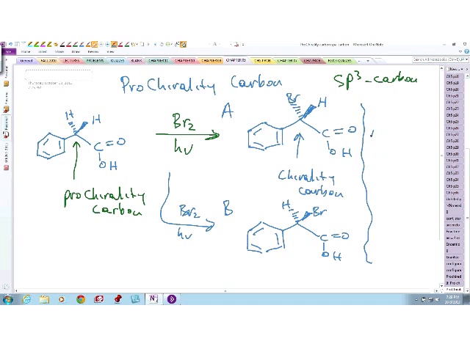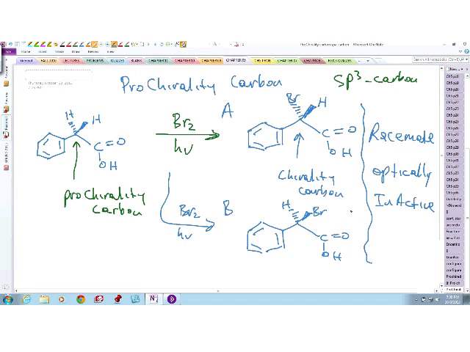Inactive, because you have a racemic mixture. There is no reason to believe that this bromine will replace this hydrogen any faster than it will replace this hydrogen. So you will get equal amounts of the enantiomers. So this will be optically inactive.